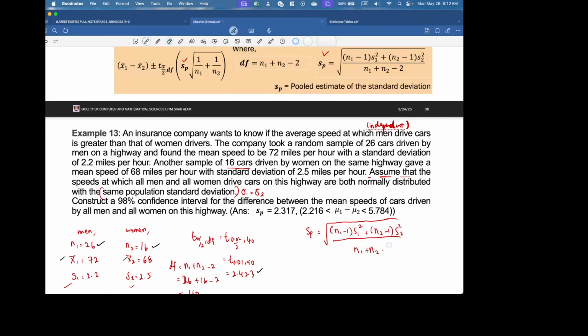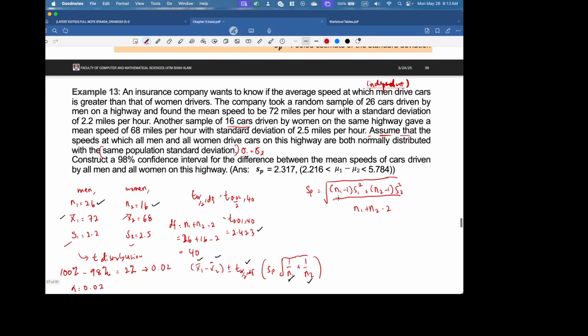For this one, you need to transfer the information from the question. n1 is 26 minus 1, S1 squared is 2.2 squared, plus n2 minus 1, 16 minus 1, S2 squared is 2.5 squared, and then you divide by 26 plus 16 minus 2. If you solve this, you will get 2.317.